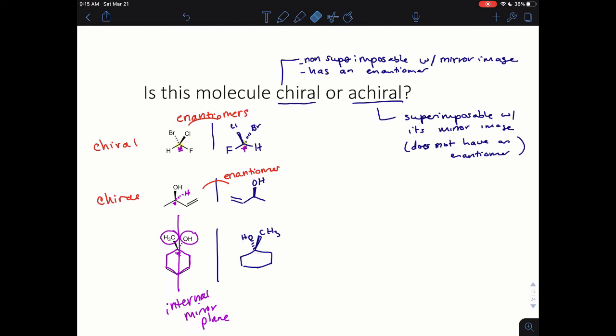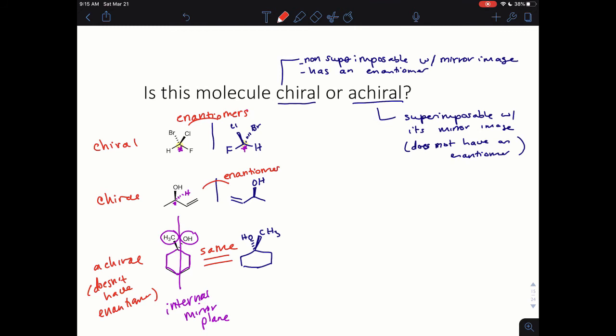And because there's that internal mirror plane of symmetry, and that carbon is not a stereogenic center, then this molecule is achiral. It is not enantiomers with its mirror image. They are exactly the same. They're the same molecule. It does not have an enantiomer.